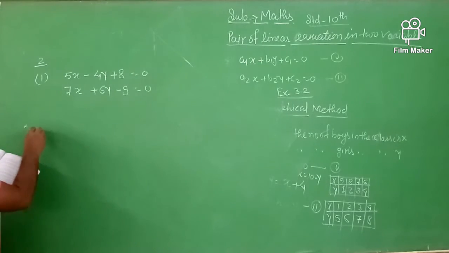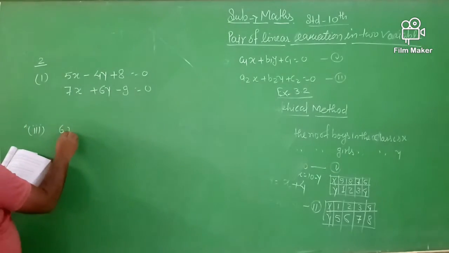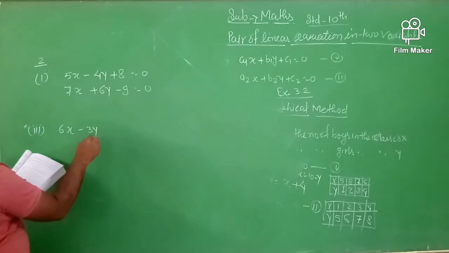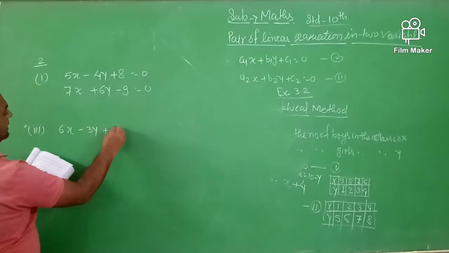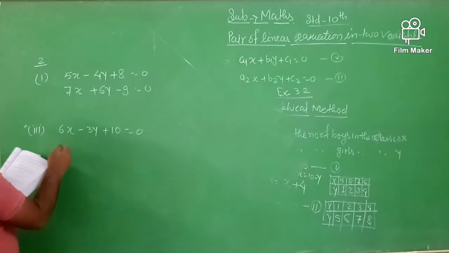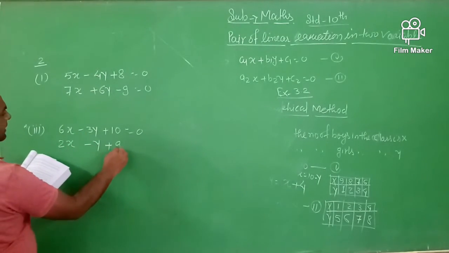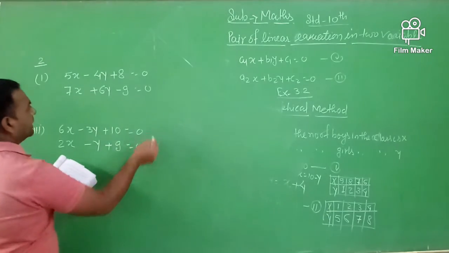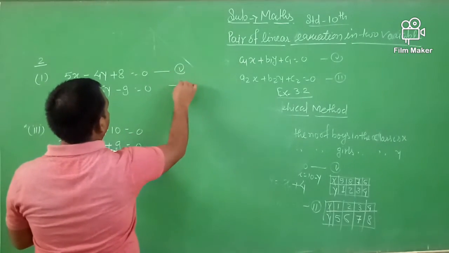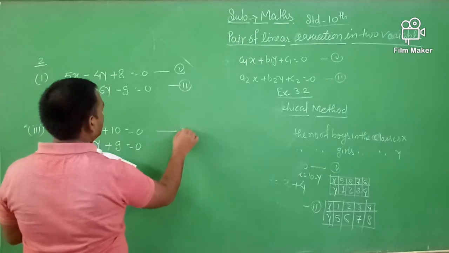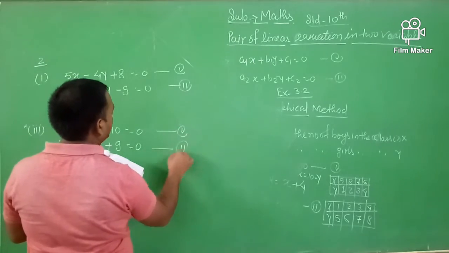Another question, number third, 6x minus 3y plus 10 is equal to 0, and 2x minus y plus 9 is also equal to 0. This is equation number first, this is equation number second. Here is also equation number first and equation number second.